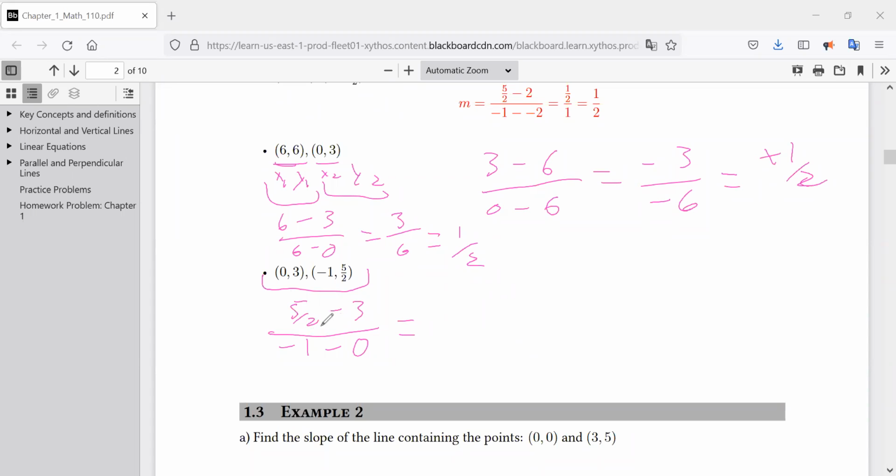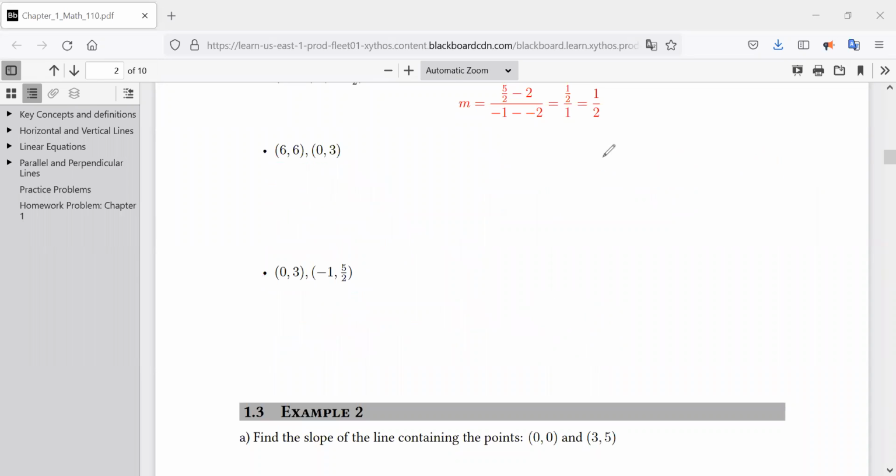Yeah, -1/2, you're good. And then -1 minus 0 would still be -1, right? Yep. And then if you divide -1/2 by -1, you would get +1/2. Perfect. So we got a lot of different points that have 1/2 as their slope.